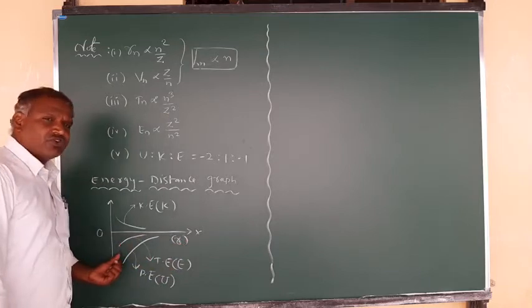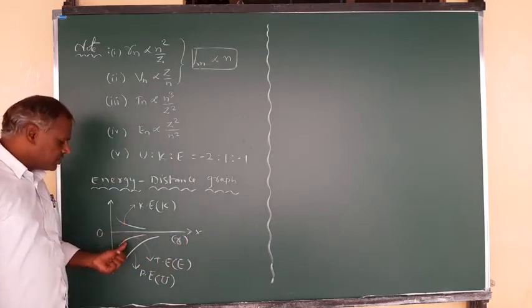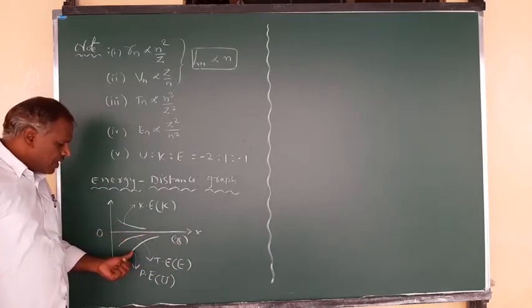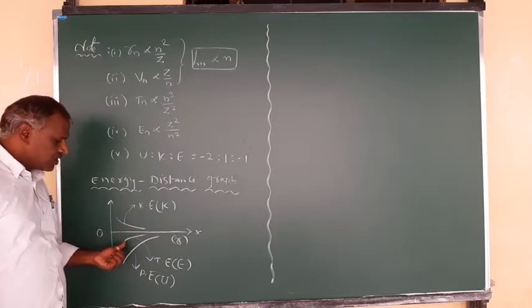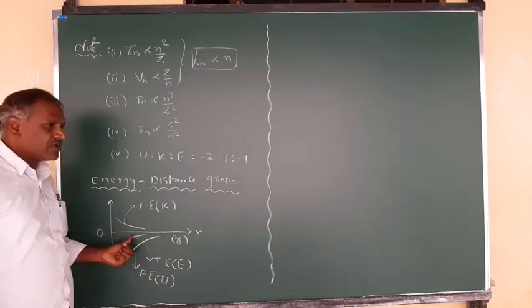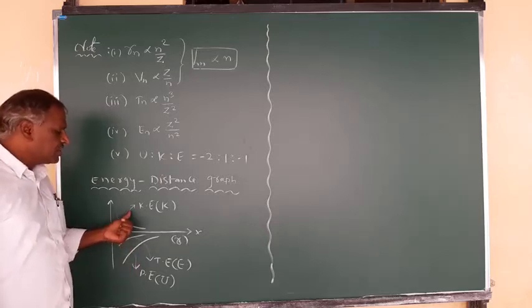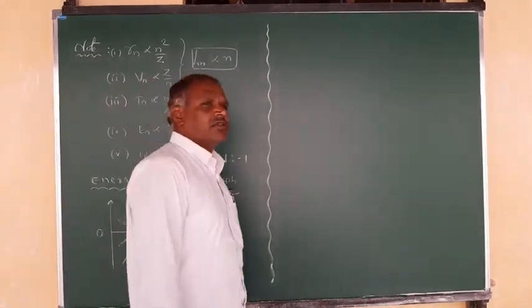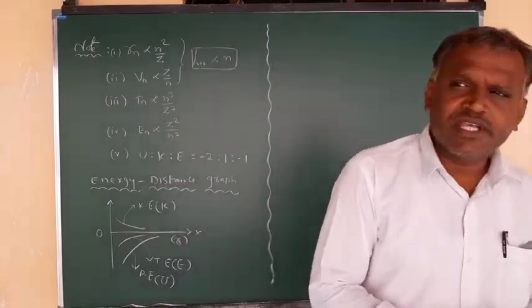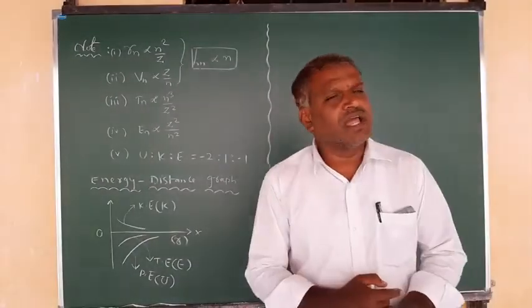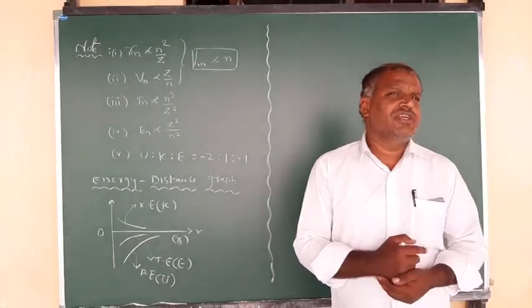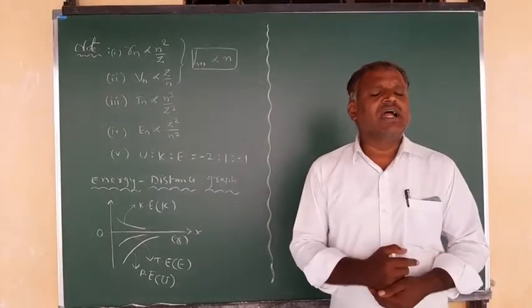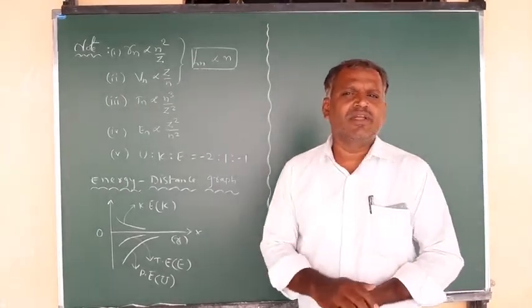This curve is the kinetic energy, this is the potential energy, and adding them gives the total energy. So in this part we discussed radius, velocity, time period, energy, and their ratios and graph.